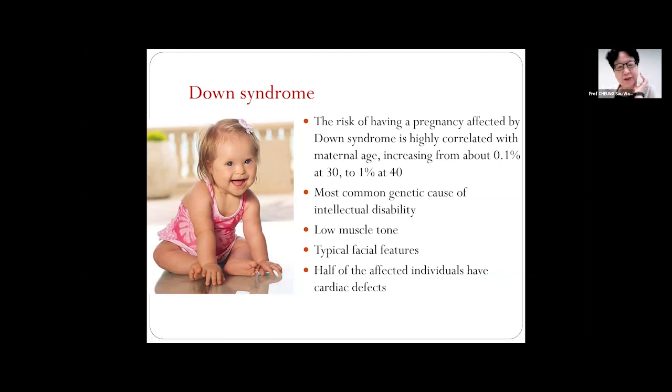I have a side story to tell. In the late 70s, they just started having tissue culture and discovered Down syndrome. Well, we discovered Down syndrome in '59 already, but then we could culture the cells and make a diagnosis.